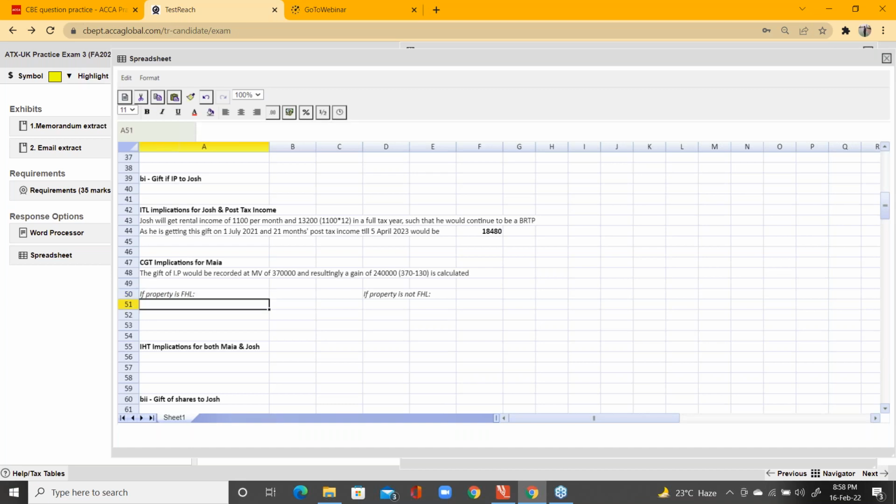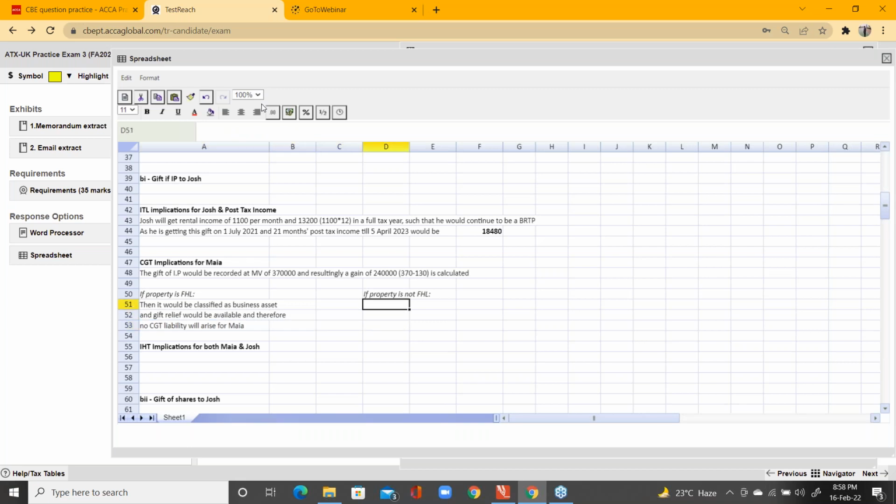And for CGT purposes, we know one thing: if it's an FHL property, then it would be classified as a business asset and gift relief would be available, and therefore no CGT liability will arise for Maya.